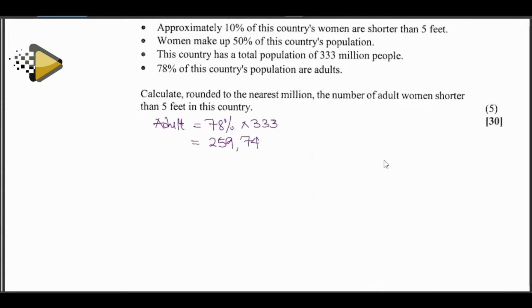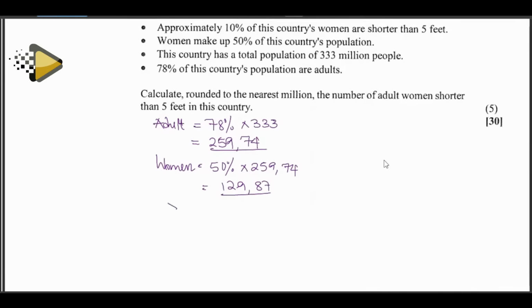These are still million. Then having looked for that, look for women. Remember, they have told you it's 50%. So we shall multiply, giving us 129,87 million.